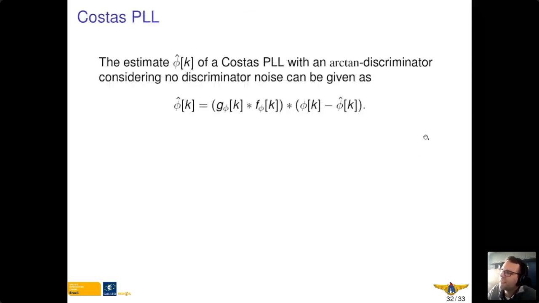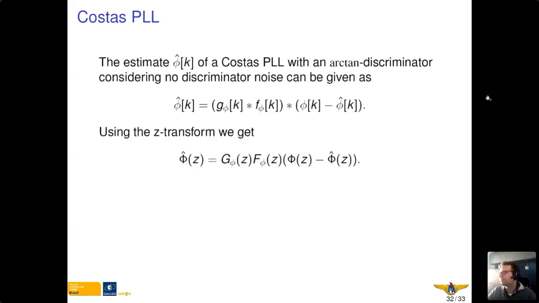For the phase-locked loop, we do not have this problem that we have to linearize something, because at the discriminator output, we just have the phase error plus noise. Now, if we drop the noise, we have the output of the discriminator on the right-hand side, and this is convolved with the transfer function of the loop filter and the integrator to derive a new estimate.